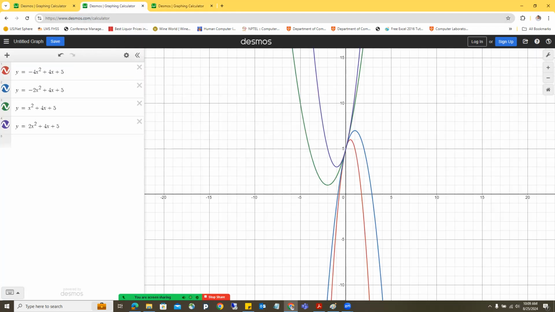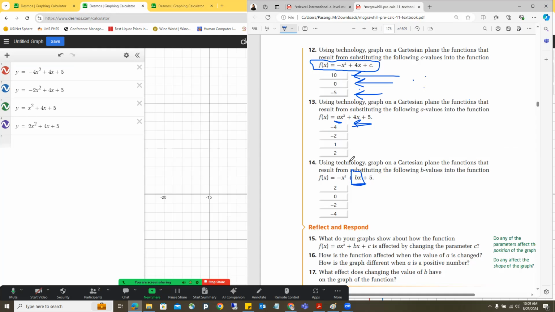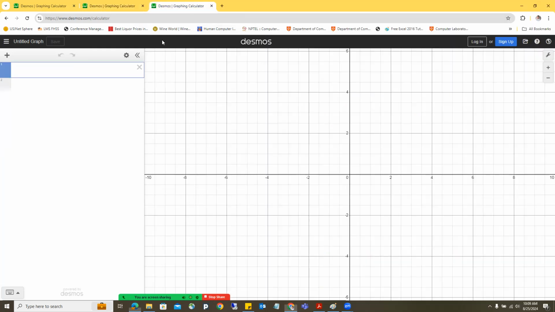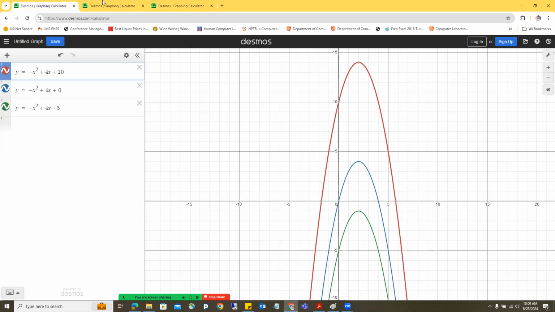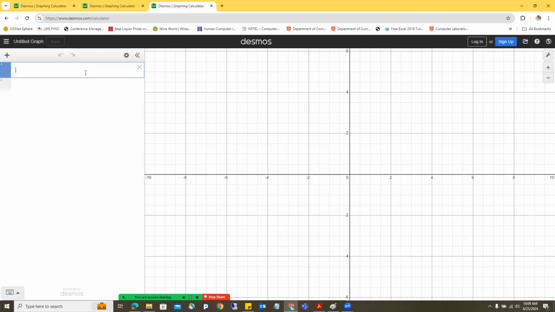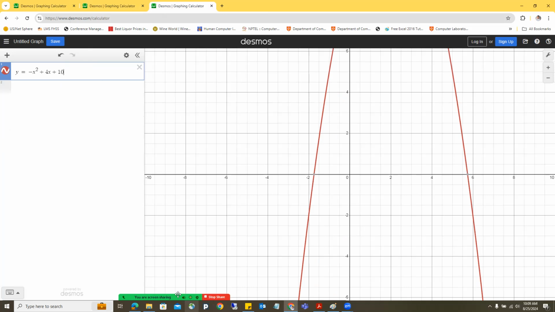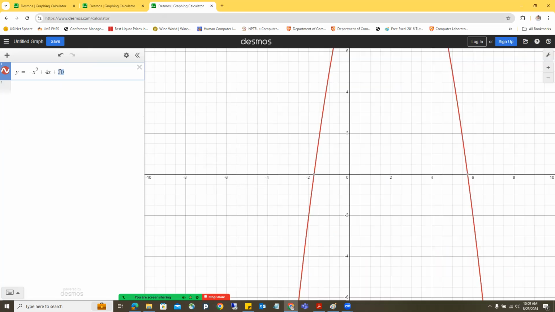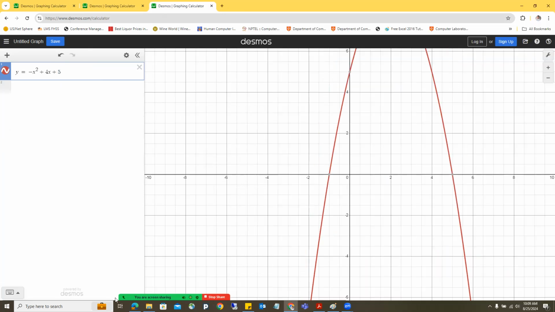So now what has happened for the third one, that is y equals minus x squared plus bx plus 5? Let me copy this one and paste it here. Here we are changing the b values.